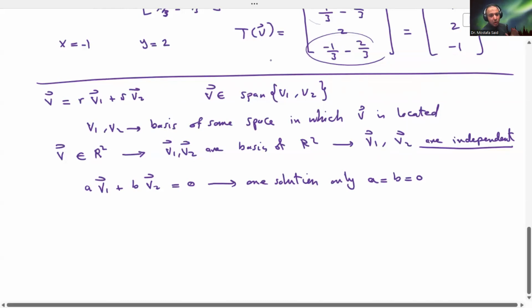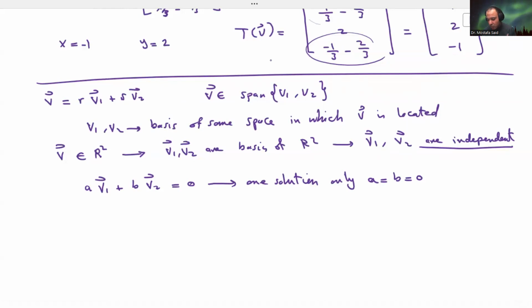To make v1 and v2 independent and a basis of R2, the equation a v1 plus b v2 equal to 0 should have only one solution, in which a equal to b equal to 0.